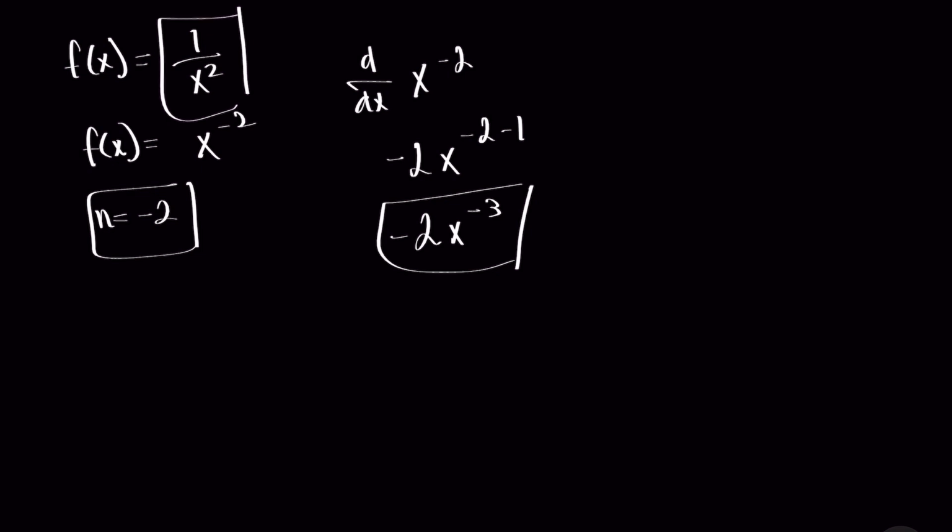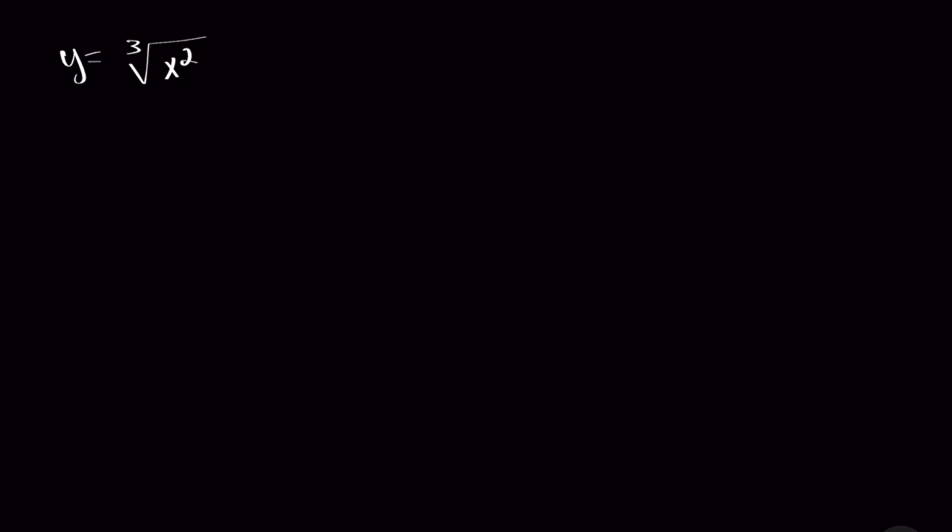And this is the derivative of x to the power negative 2, but it's also the derivative of 1 over x squared. Now we have another example, and let's use the power rule to try and find the derivative of this equation here. So all we need to do is rewrite this to where we would have a rational exponent. And we know that the index of this radical symbol here is 3.